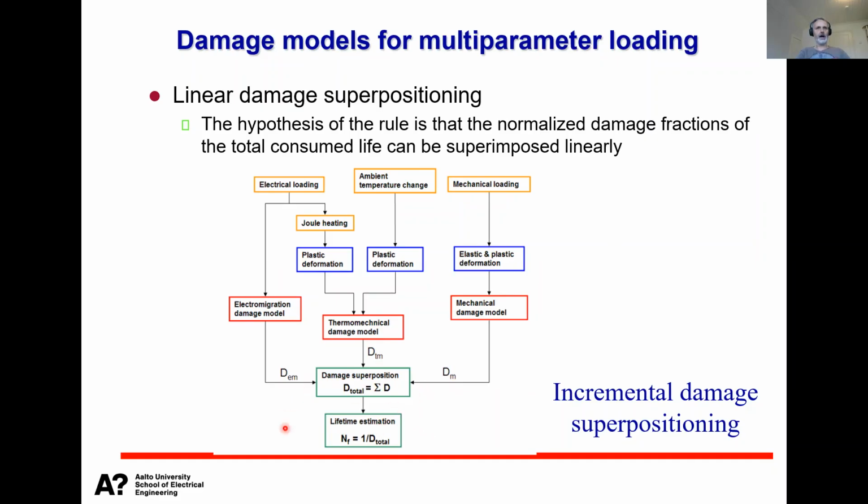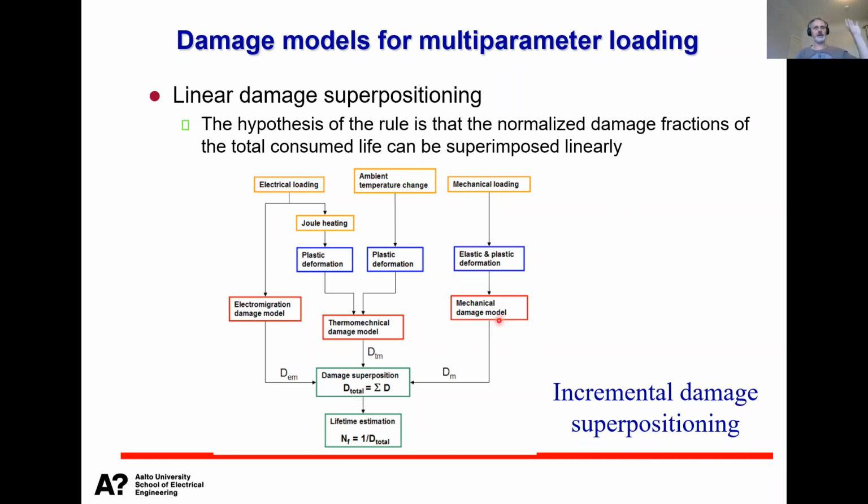Your lifetime estimation is based on the idea that the lifetime, or cycles to failure, is inversely proportional to the damage. The larger the cumulative damage, the shorter the lifetime. Of course, what this excludes is the interaction between these stresses.